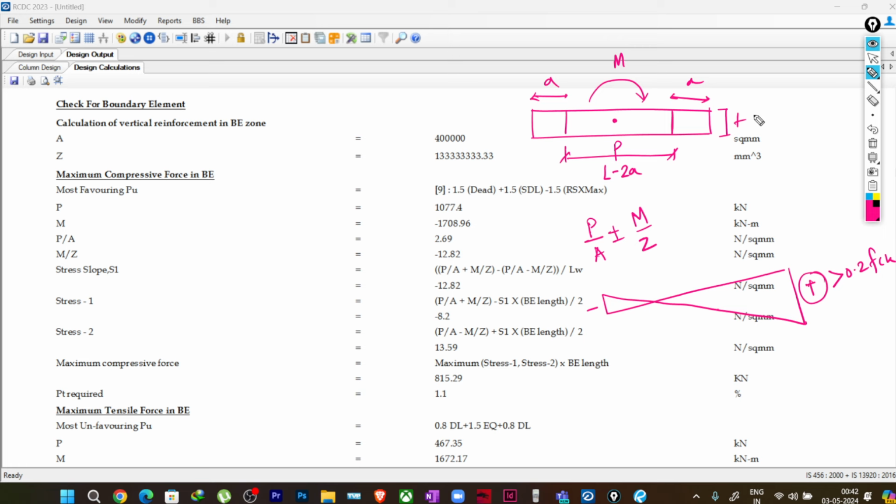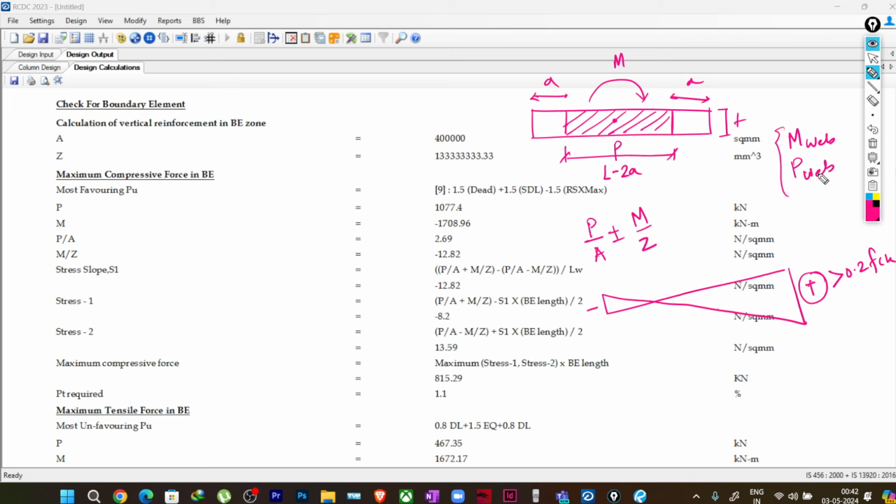When we are doing it manually as per the IS 13920 methodology, we find out the moment capacity of this particular web. Suppose the moment capacity is M web, and we also find out the axial load of this web, which is my P web.